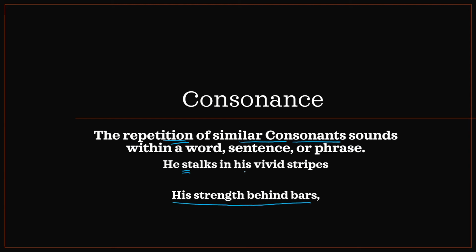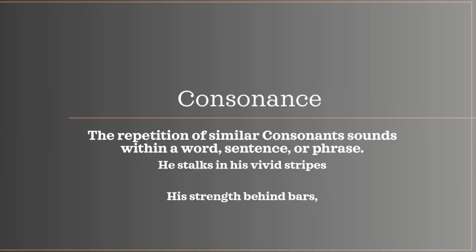The sound of S is being repeated in the first line with the words stalks and stripes, and you will also find the same sound in the word his. Similarly, you will find the sound of B in the words behind and bars. So this is consonance, the repetition of consonant sounds within a sentence.